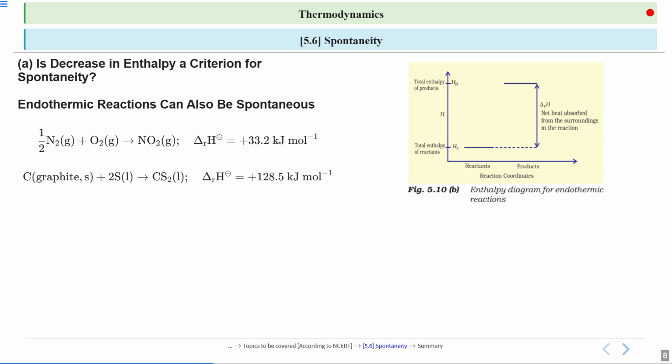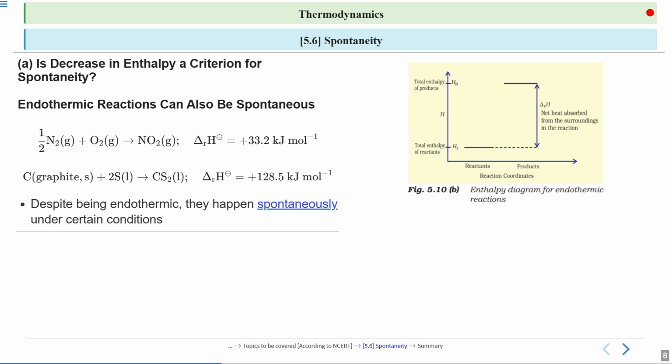Because we are seeing a positive value of enthalpy, that is an endothermic reaction, and still we have observed experimentally that this reaction is spontaneous. So what we can conclude from here is that enthalpy can be a factor for deciding the spontaneity, but it is not the only factor. Now what is the other factor? Because we are unaware of it.